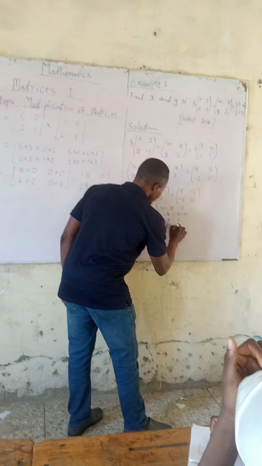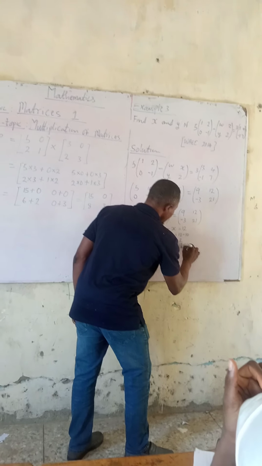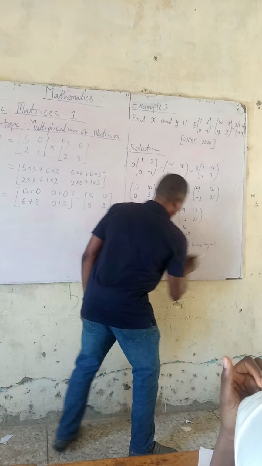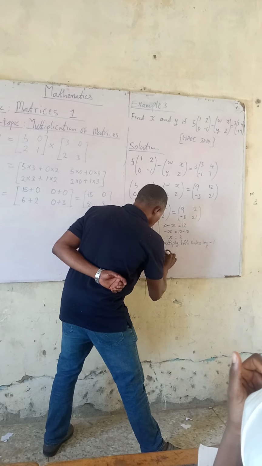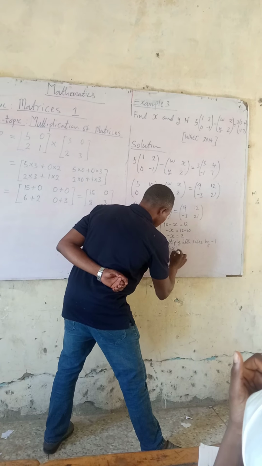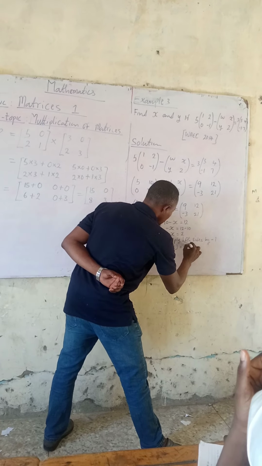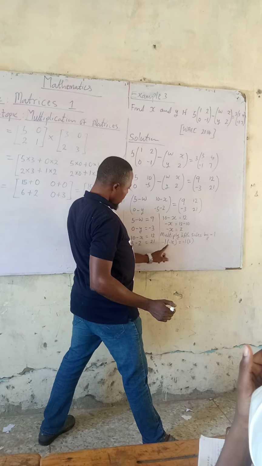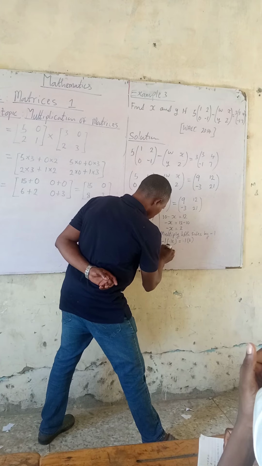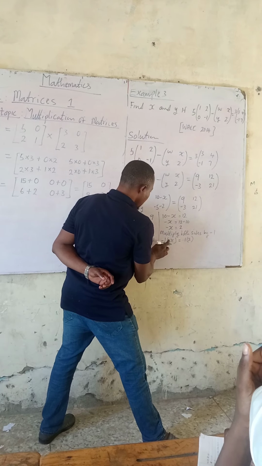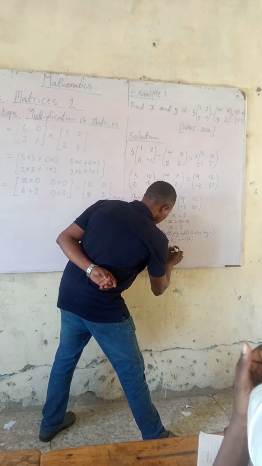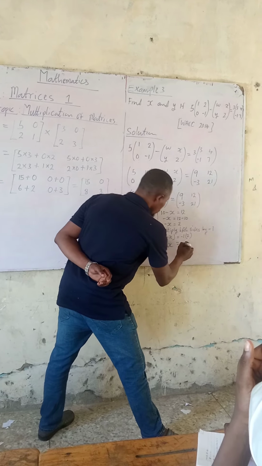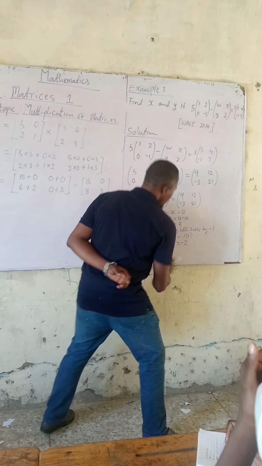Multiply both sides by minus 1. Then it will give us minus 1 into minus X equals minus 1 into 2. Now minus times minus will give us plus, so it cancels out. Then 1 times X gives us X equals minus 1 times 2, which gives us minus 2.